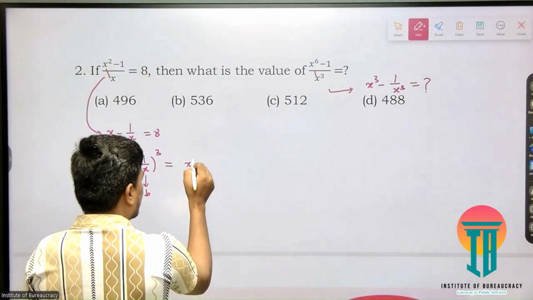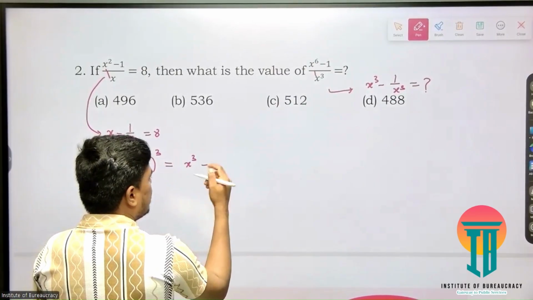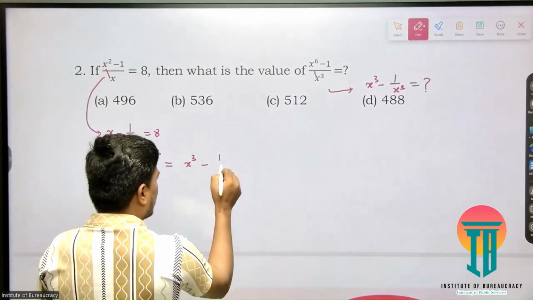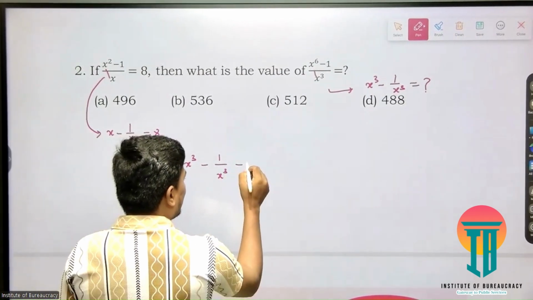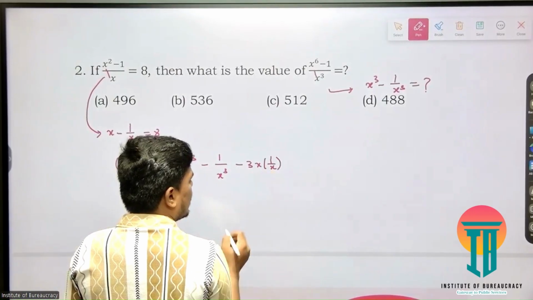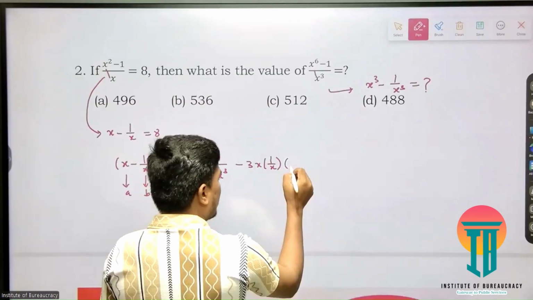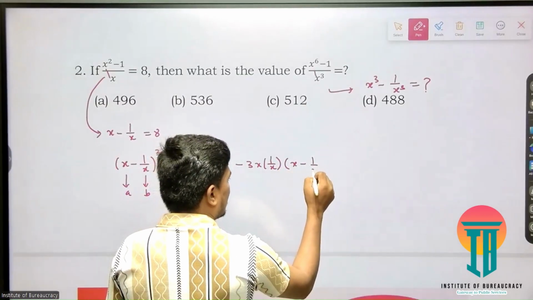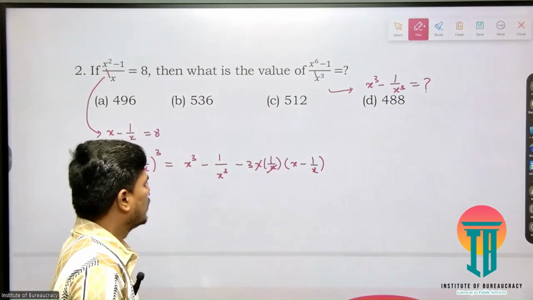It's going to be x cube minus b cube, which is 1 by x power 3, minus 3 into ab, that is x into 1 by x, into a minus b, that is x minus 1 by x. So here the x gets cancelled.